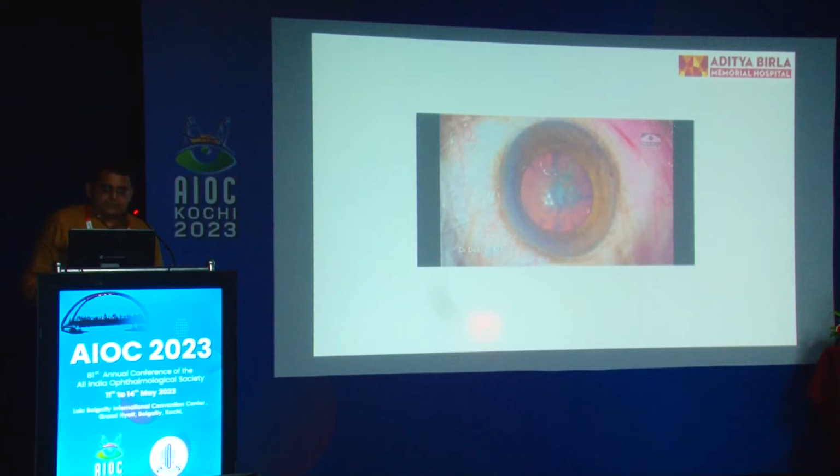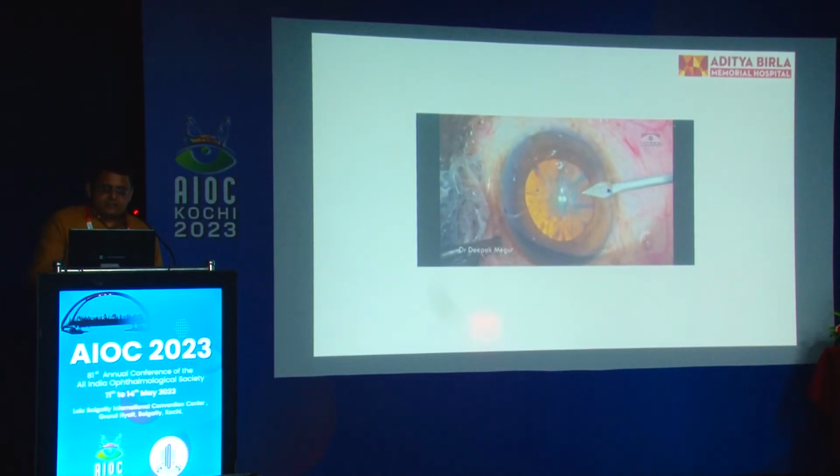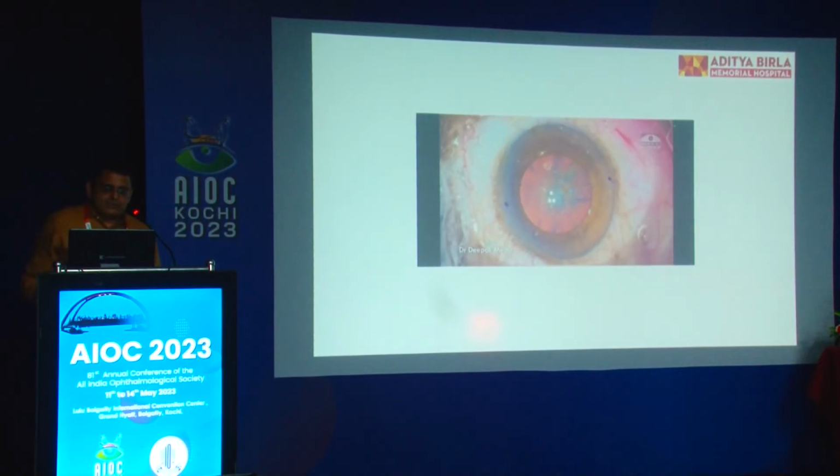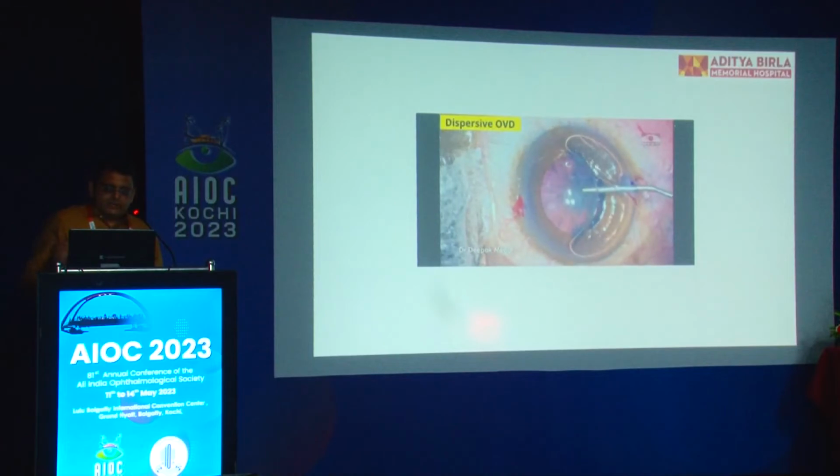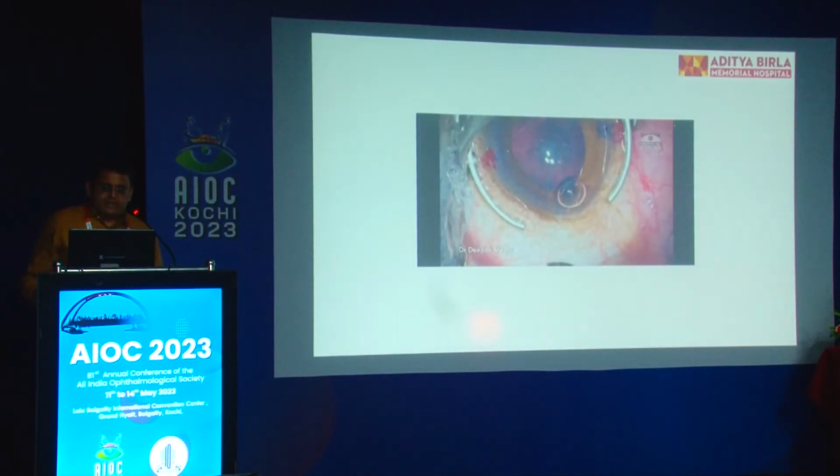So one mark is done, the second one, and the main port, so that you can visualize. It is always better to stabilize the globe so that you have a controlled entry into the anterior chamber. Always make sure that you control the globe so that you have very nice control.